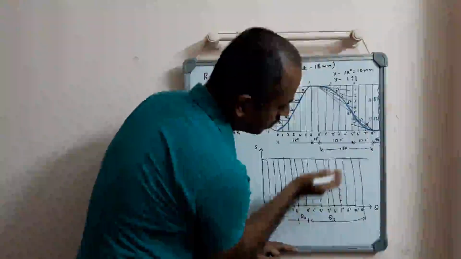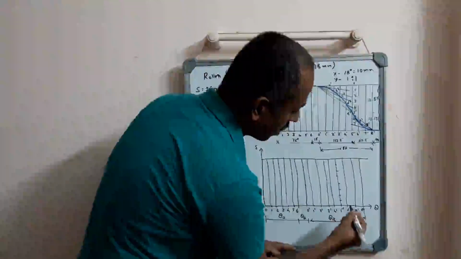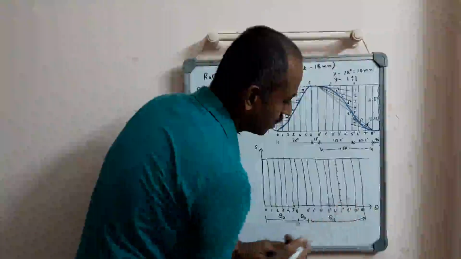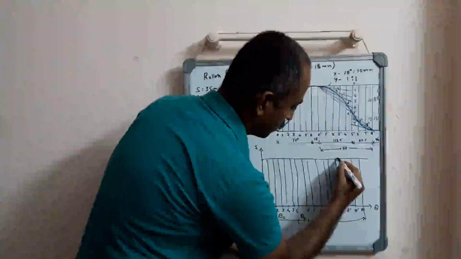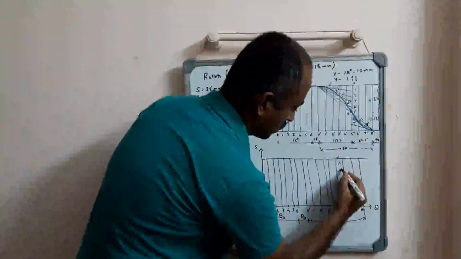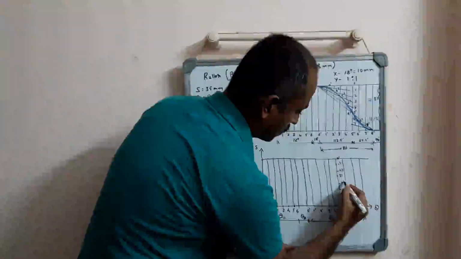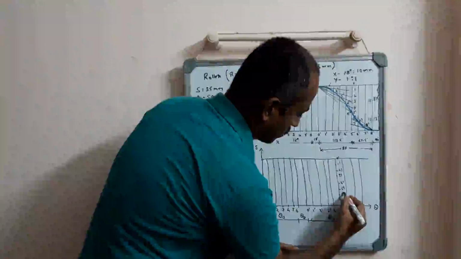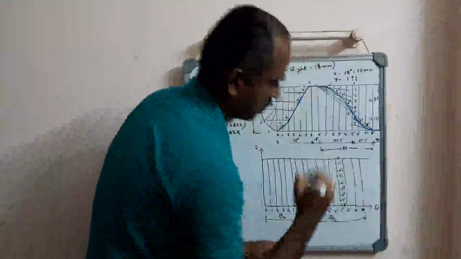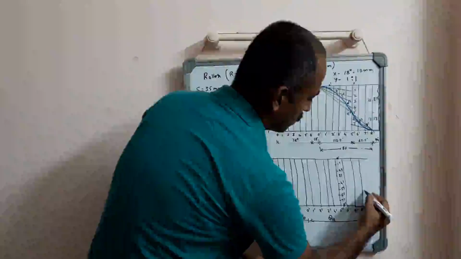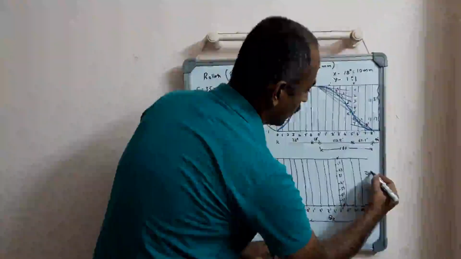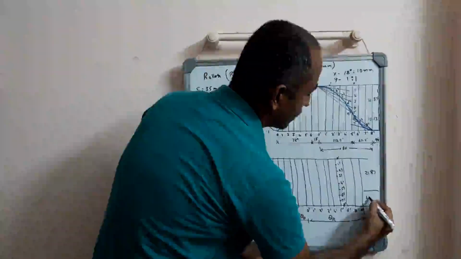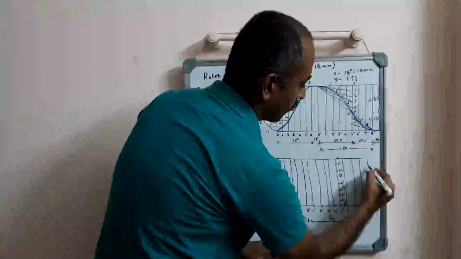The first 5 divisions are for acceleration and the next 3 divisions for retardation. So this is 21.87 mm and this is 13.13 mm.